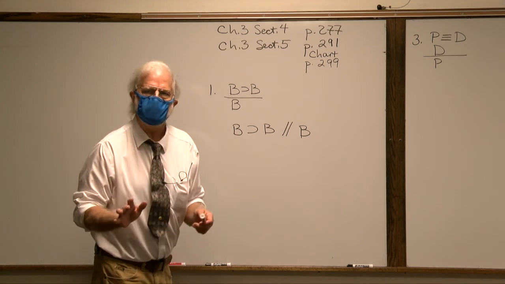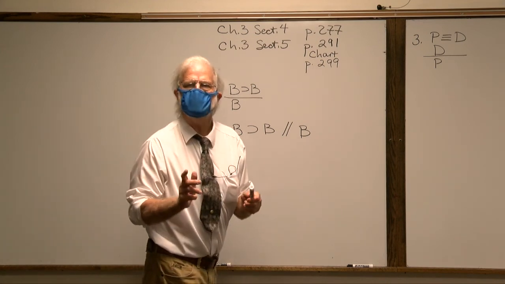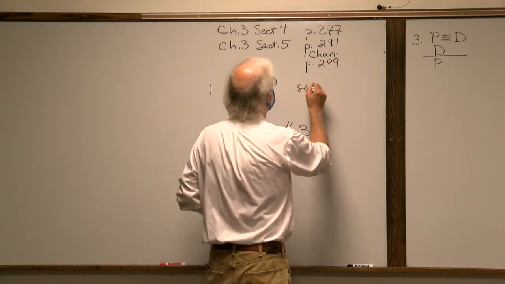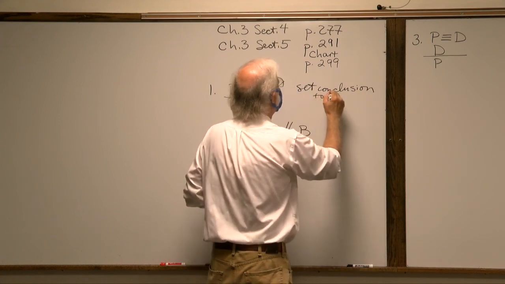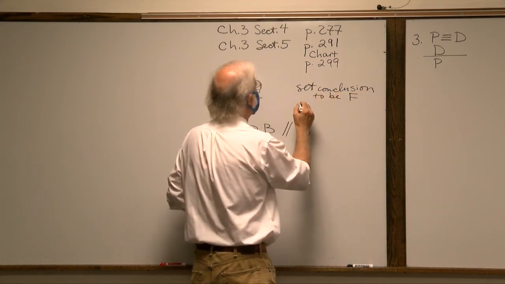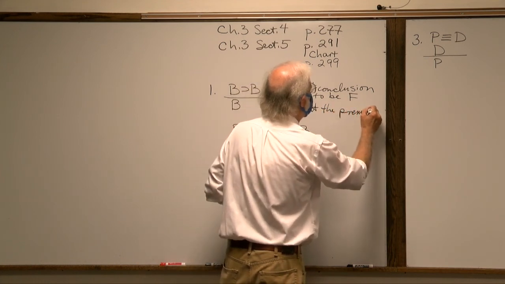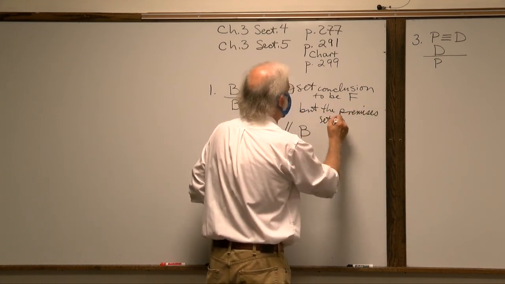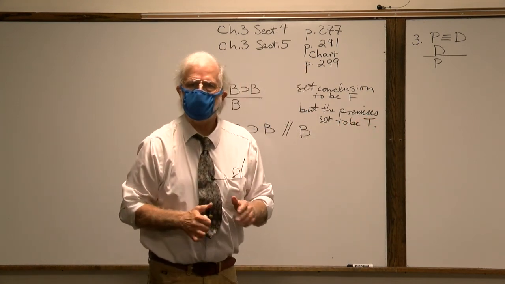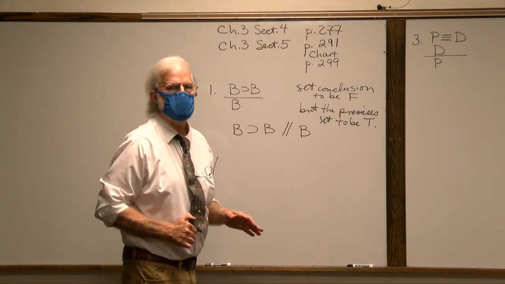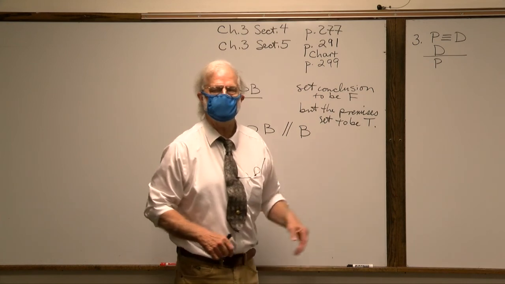In order to do that, what we want to do is to set the conclusion to be false but the premises set to be true. Going all the way back to chapter 1, what kind of deductive argument is it that has true premises but a false conclusion?